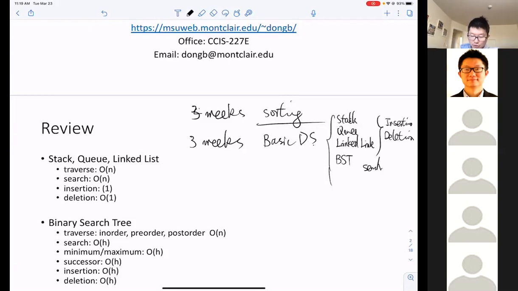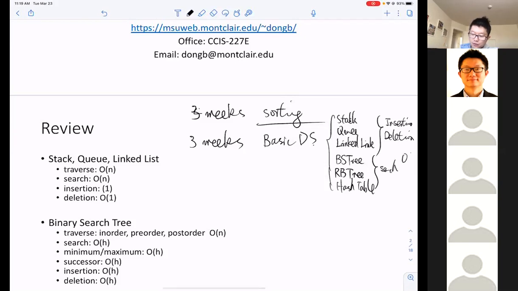The other 3 data structures that we learned in the past 2 weeks are binary search tree, red-black tree, and hash table. All of these 3 are aiming for search because they are more efficient at search.